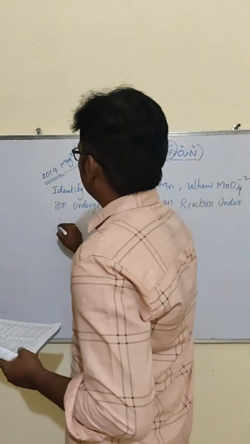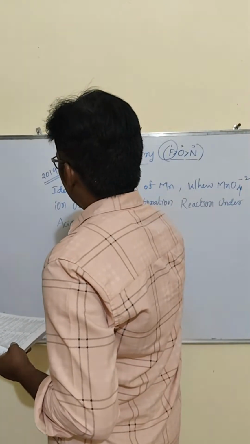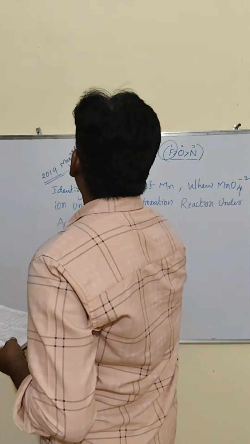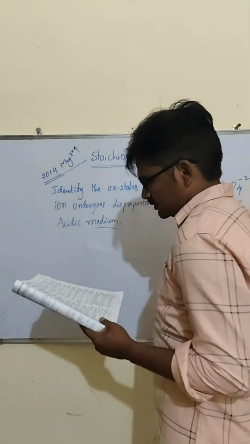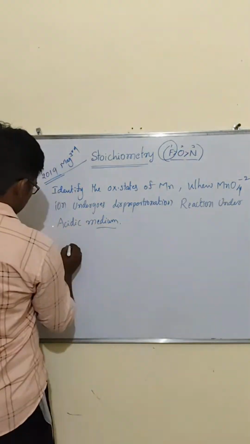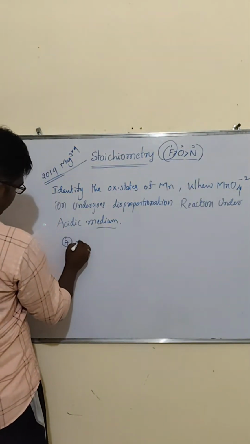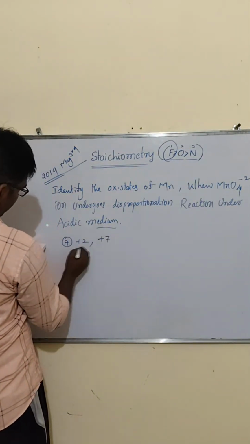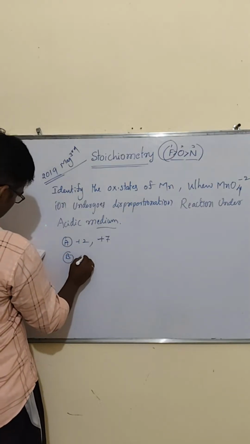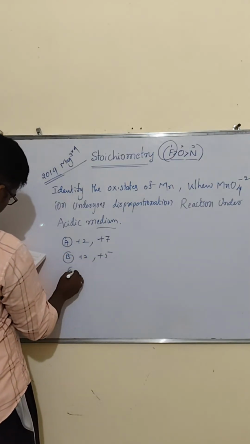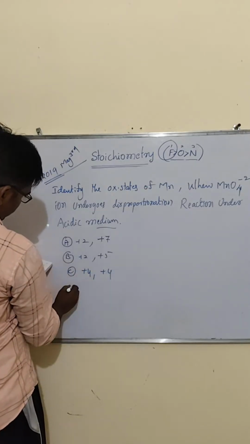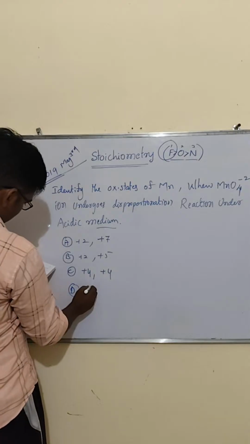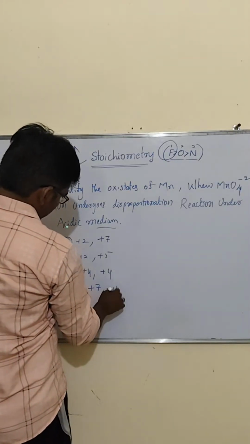So in acidic medium, the options are given. Option A plus 2, plus 7; option B plus 2, plus 5; option C plus 4, plus 4; option D plus 7, plus 4, like this is given.